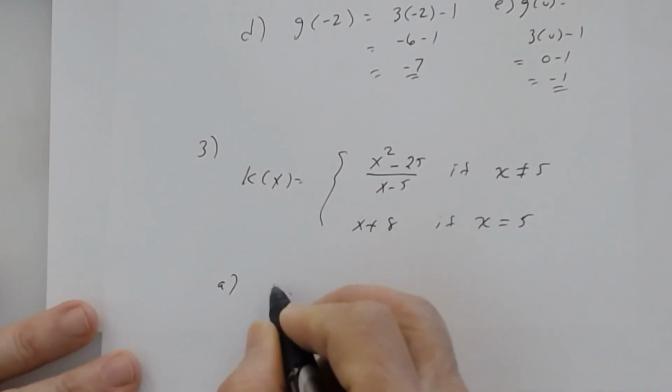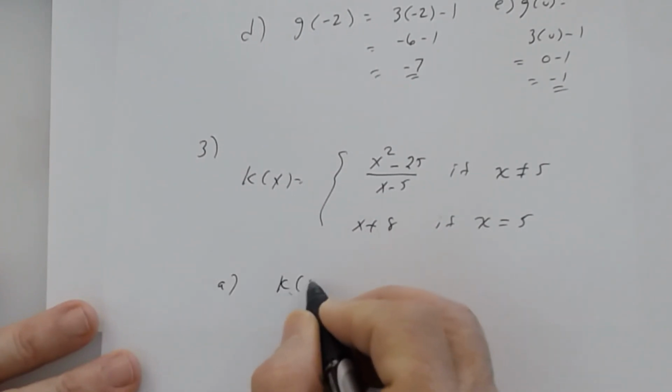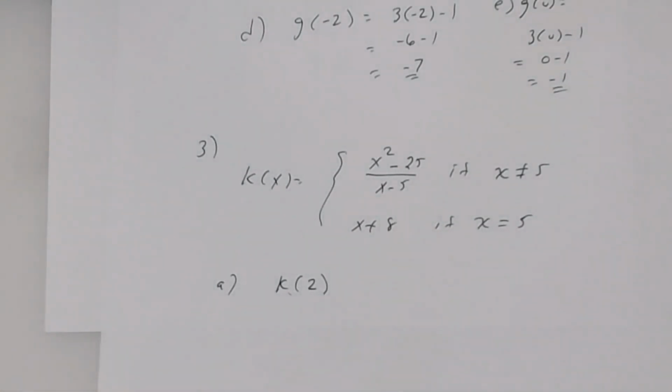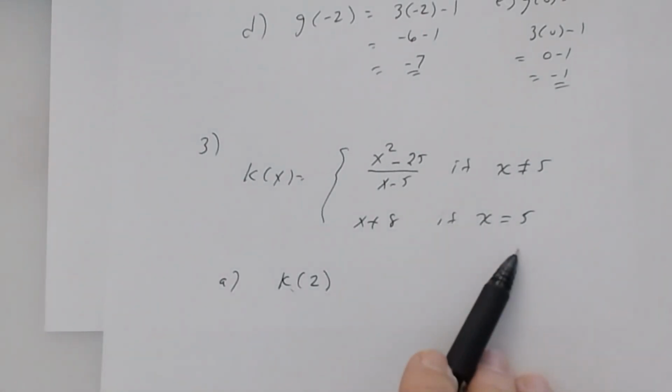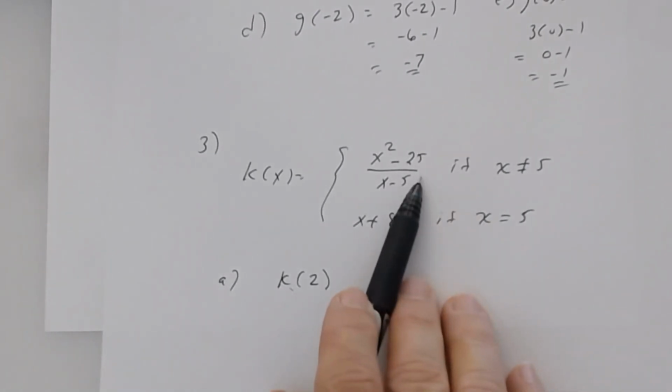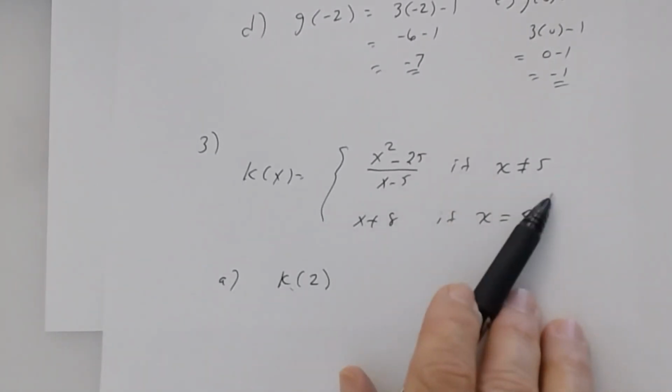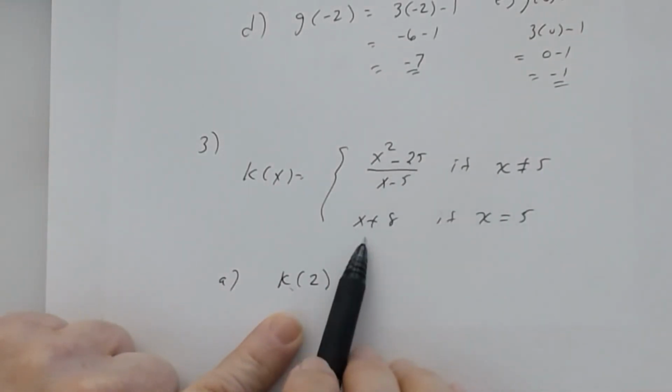A. Find k of 2. Don't let it throw you off. The bottom one's easy to see. I only use the bottom one if x is what? 5. I use the top one for anything else. So if x is 2, I have to use which one?